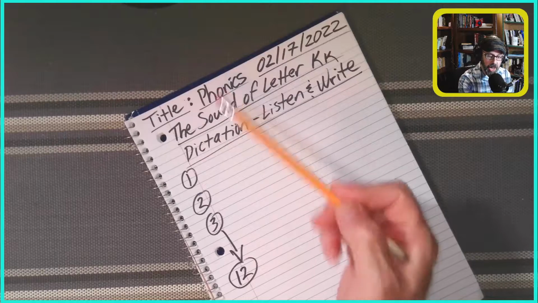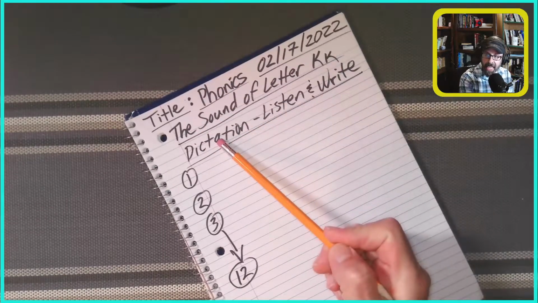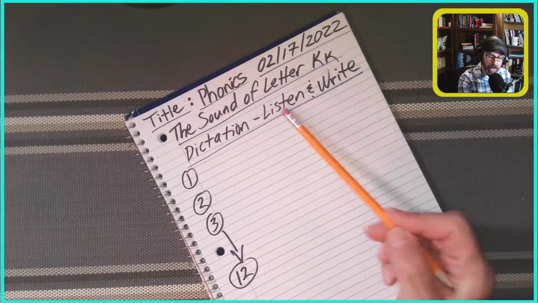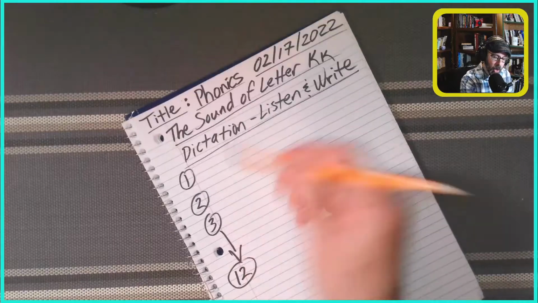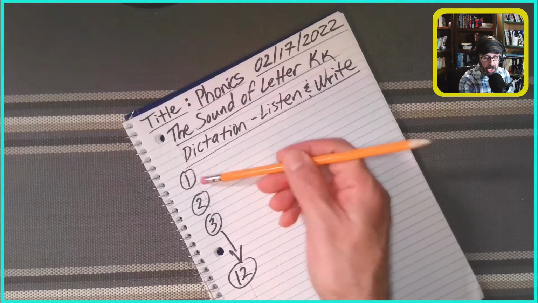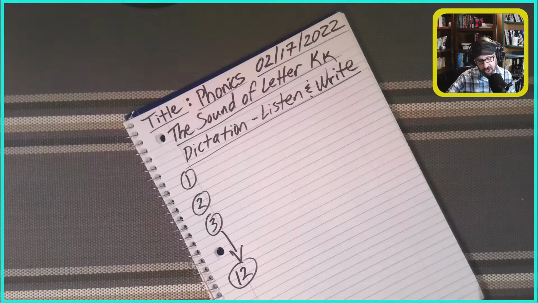The title will be phonics, the sound of letter K. All right, this will be a dictation. So we will do listen and then write the words that you hear. Listen and write. Okay, in the notebook, I'll do number 1, number 2, and number 3 together with you. You can continue to number 12, and we will type the electronic version starting with number 4.